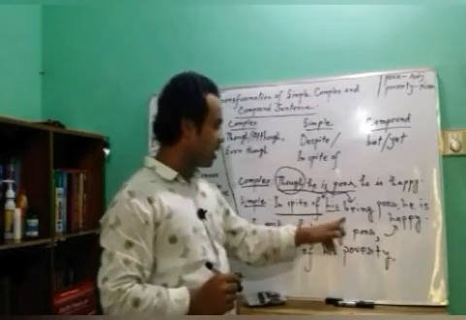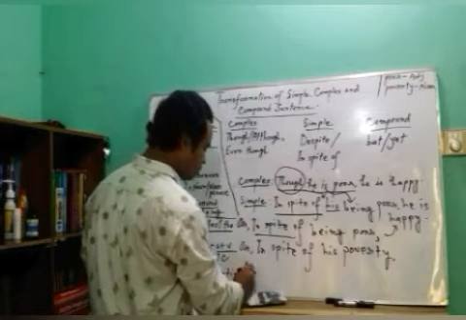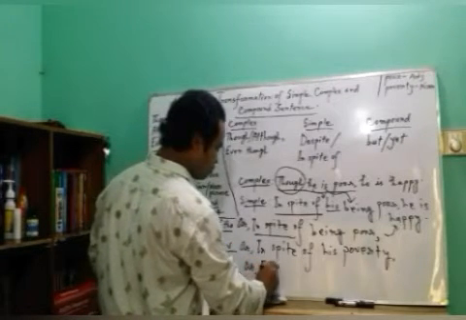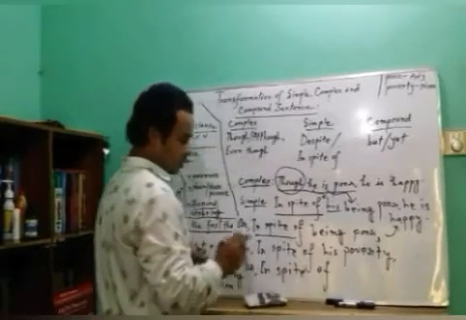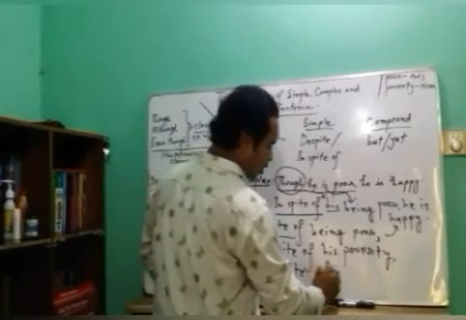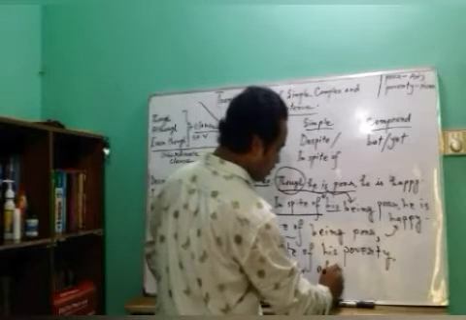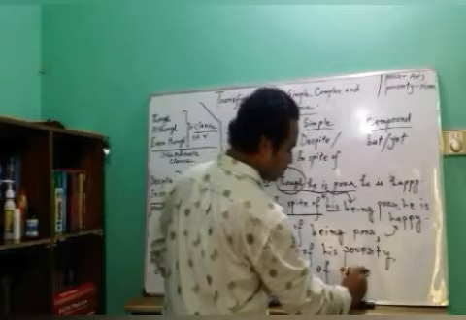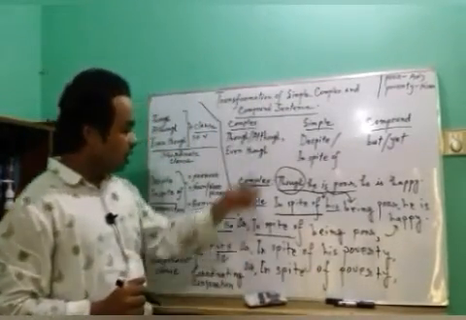We have omitted being here, the be verb, where you can write in spite of poverty, comma, he is happy.